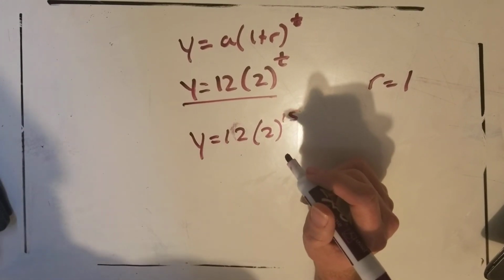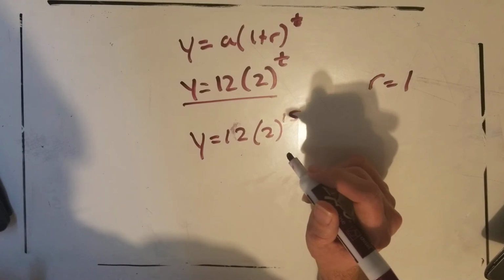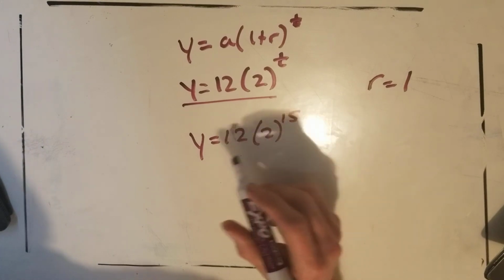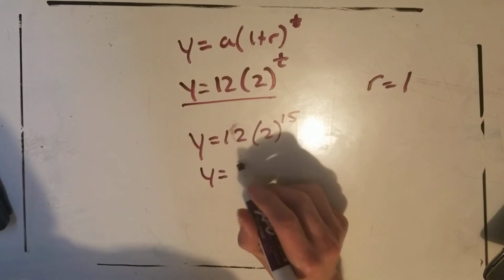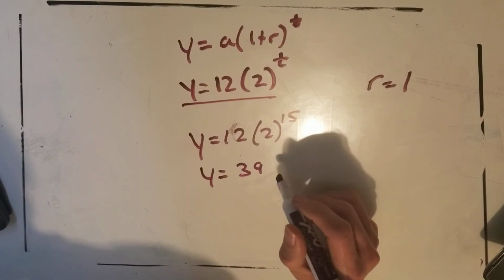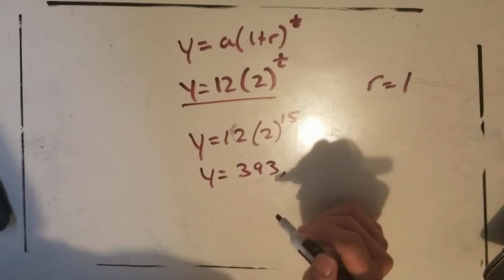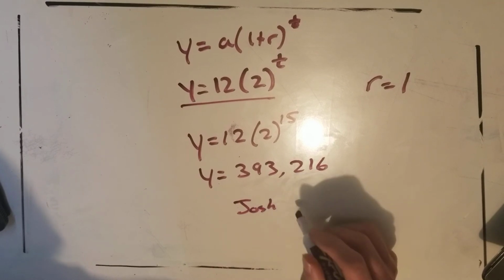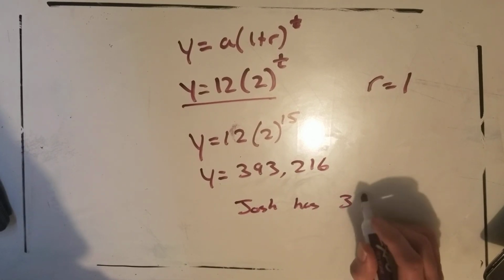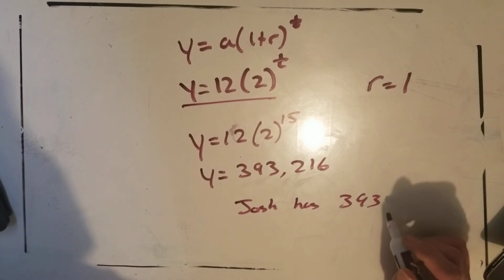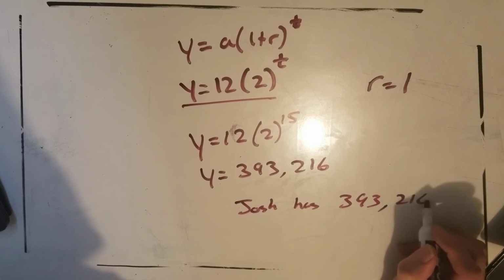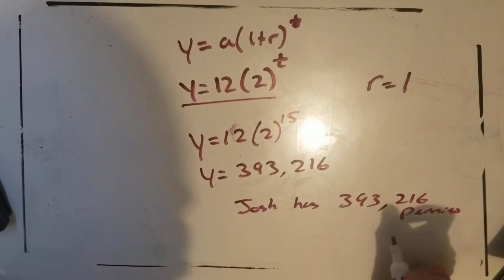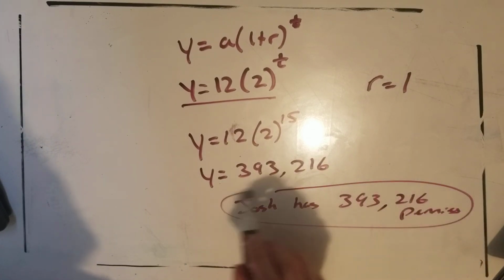So you do your 2 to the 15th, and then you multiply that by your 12. So y equals 393,216. So Josh will have 393,216 pennies. Not too bad. Josh is doing well.